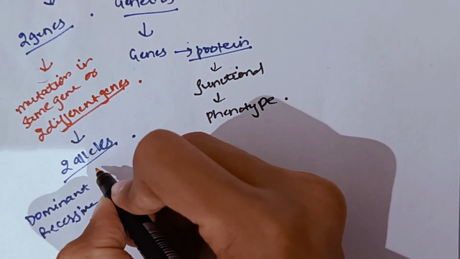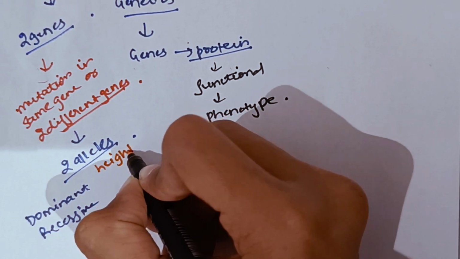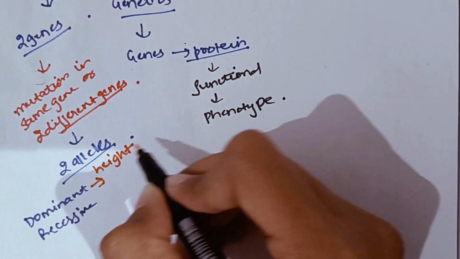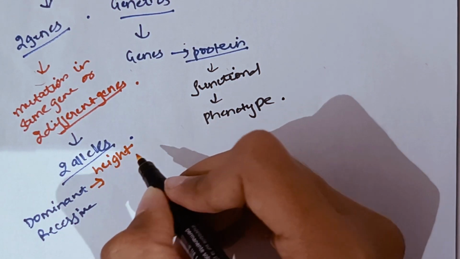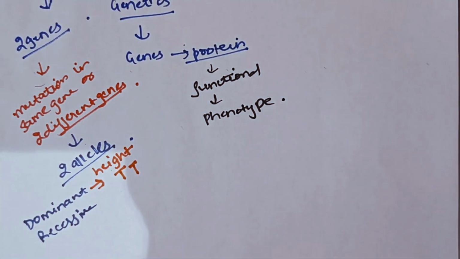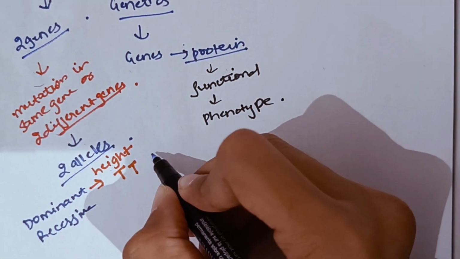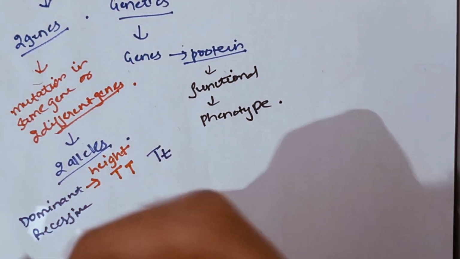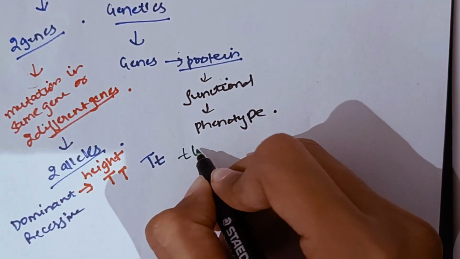Suppose you have a phenotype height which is controlled by alleles represented by TT, and in the heterozygous condition it is Tt, and in the recessive condition both are small, tt.